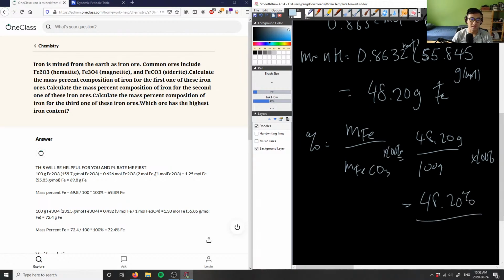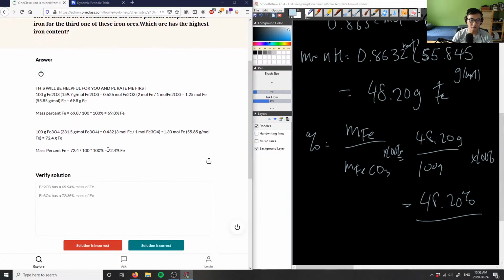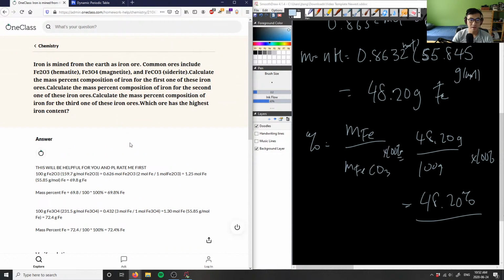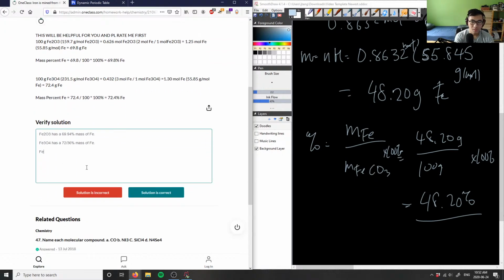So that's going to be our answer for all three of those guys. Which one has the highest iron content? Well, again, highest content has the highest percent, which is 72.4. So which means that magnetite has our highest iron percentage. So write this down. FeCO3 has a 48.20% mass of Fe.